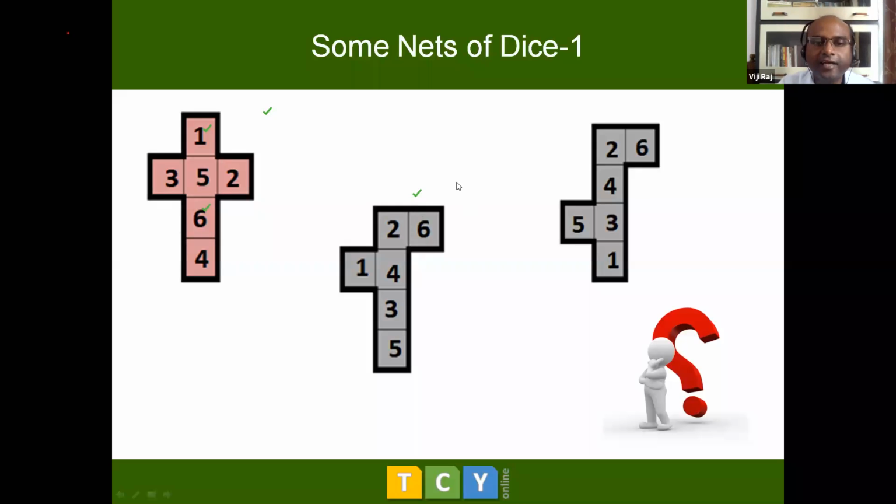I'll explain it again for the second figure. Let us say we have this number 2 here, right? Now we want to find out what is opposite to 2. So what we do is, we skip the next box, 4, and move to 3.